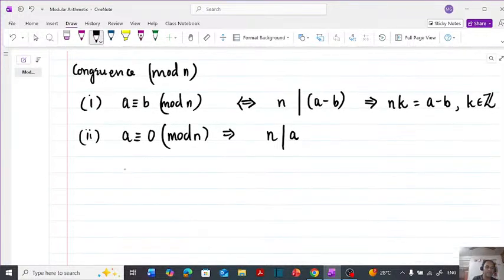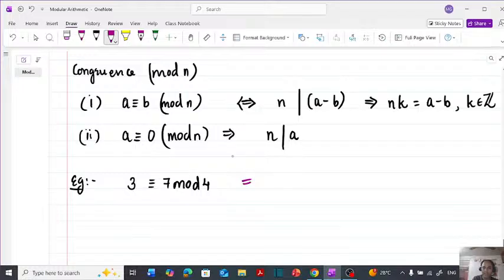Suppose I write this example: 3 is congruent to 7 mod 4. Alright, and I'll also hint that this is the same as, instead of 3, you can even take minus 1 congruent to 7 mod 4. Okay, because 3 is one short of 4, right? It is one less, so that is very important.